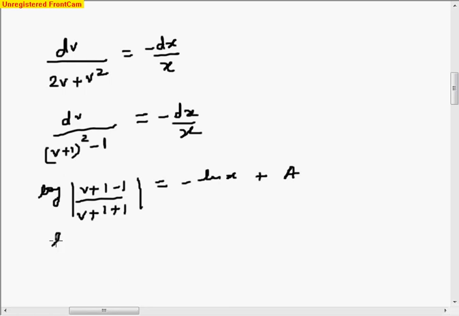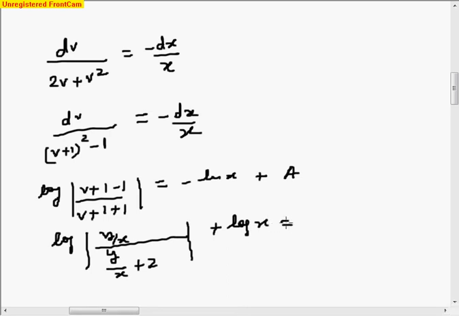So this is log of y upon x, 1 cancels, y upon x plus 2, plus log of x is equal to a, right? So this is your log of, I can write x cancels, y upon y plus 2x, right, into x, this x is equal to log of a.